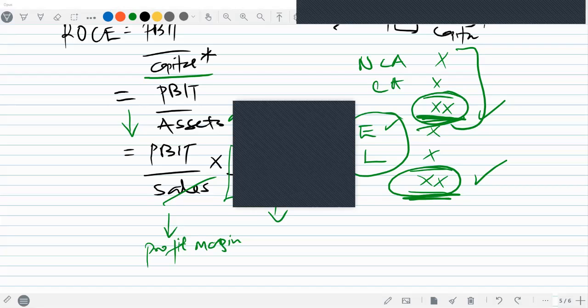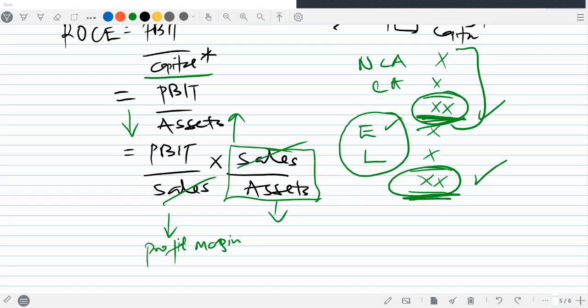Nafisa. Yes. What is sales divided by assets? I don't know.